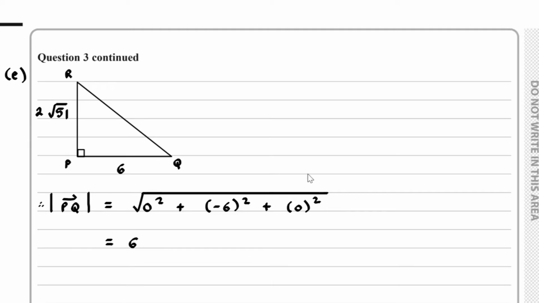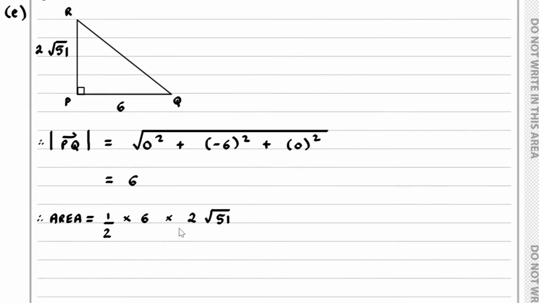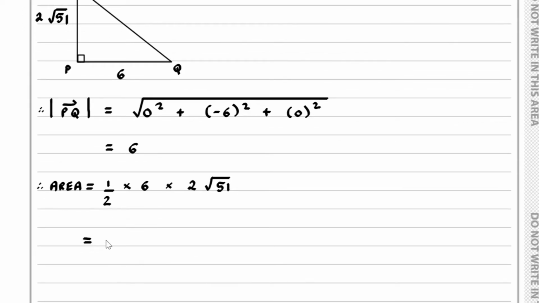We've got the height of the triangle, the base of the triangle, and so therefore the area is equal to 1/2 times the base times the perpendicular height, 2 times the square root of 51, and it turns out we get 6 times the square root of 51 units squared.